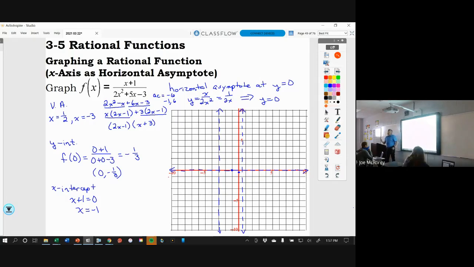I need to choose at least 1 point in each of those 4 areas to determine where this graph is at. So I need a number less than -3. -4. I need to determine f of -4.